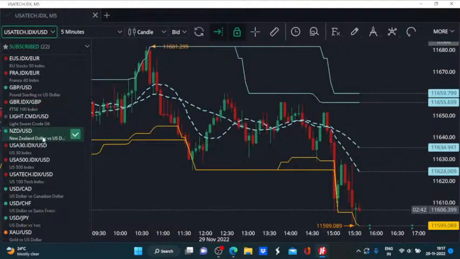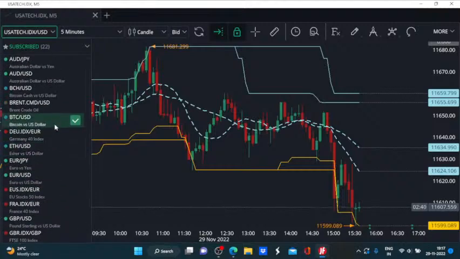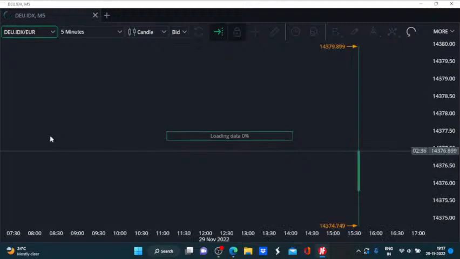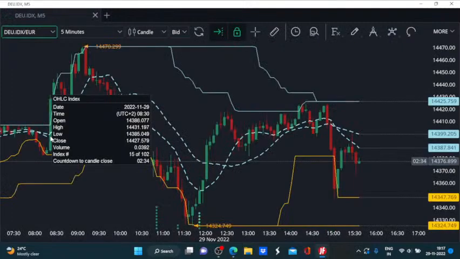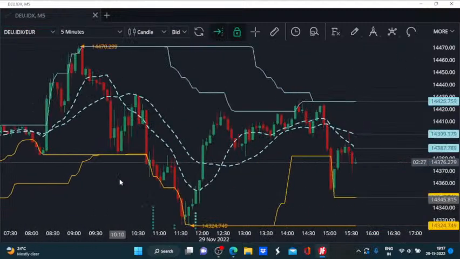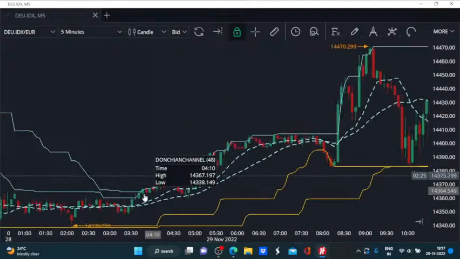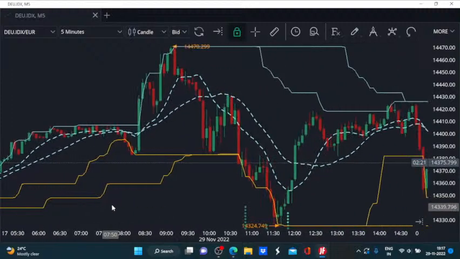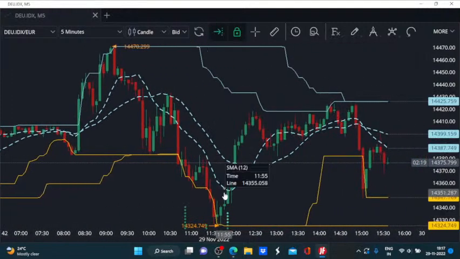Now let's consider the European equity indices, Germany's DAX, UK's FTSE, and France's CAC 40 in particular. For the DAX, the momentum is looking mixed. If we go back to the Asian trading session, it went on to rise, but those gains were short-lived.